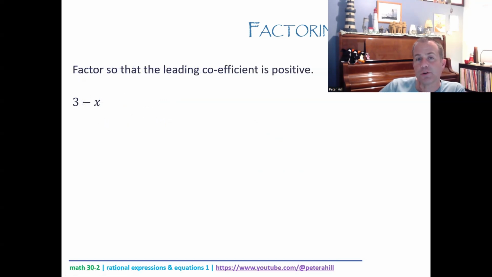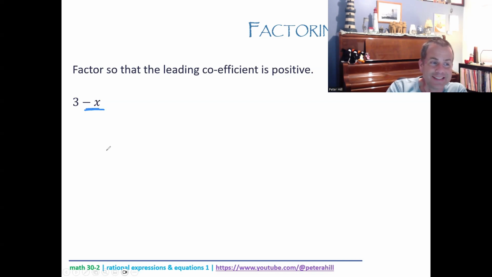Factor so that the leading coefficient is positive. Now, the definition of a leading coefficient is the number in front of the variable with the highest exponent. If it was written in the right order, that would always be the first term, and that's why it's called the leading coefficient. But this is not written in the right order. Remember, we write polynomials from highest degree to lowest degree.